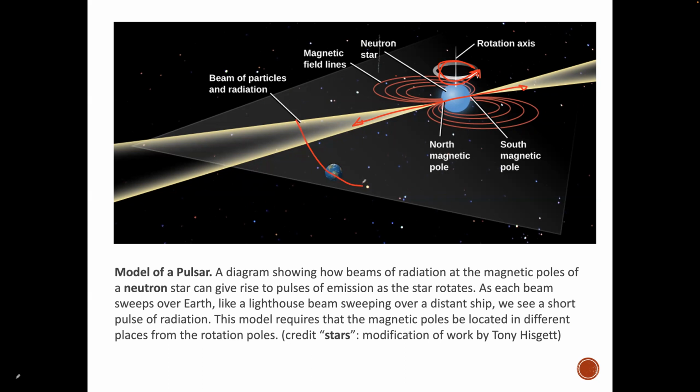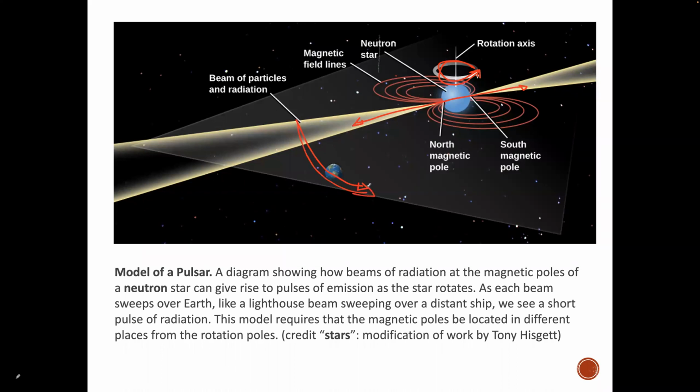When it goes through the Earth, then you will have the pulsar, right? And it will repeat again after some time. Now this is the connection between the pulsar and the neutron star.